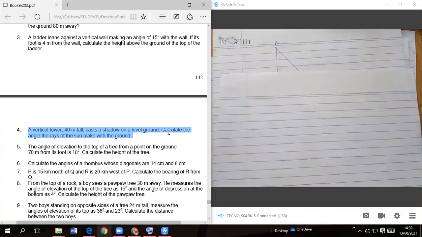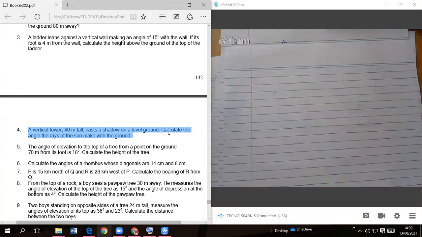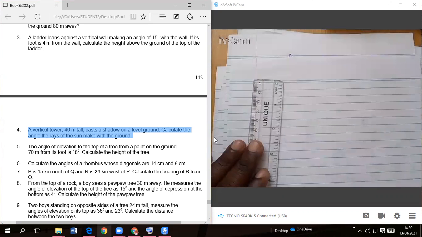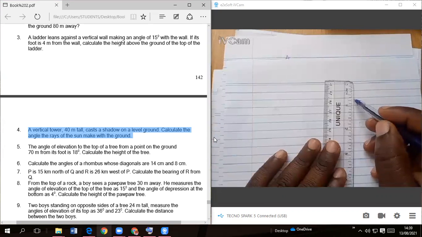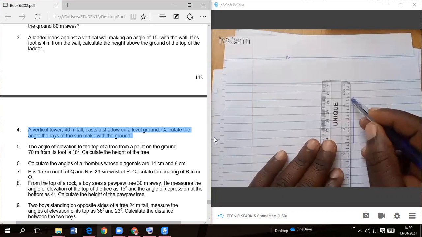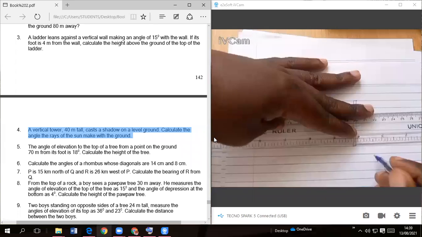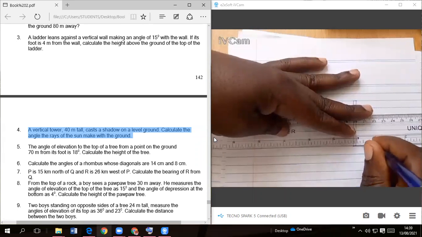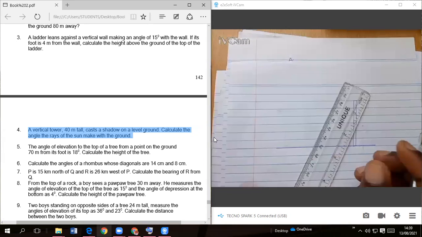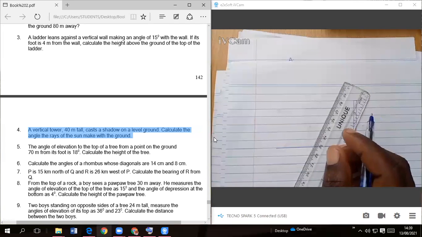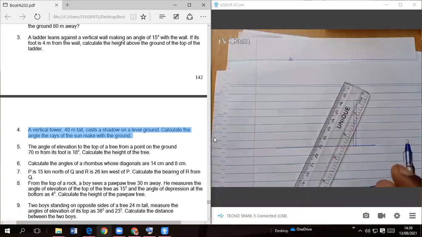So there is a certain tower that is 40 meters tall. If this is the tower, 40 meters tall, this is the ground.